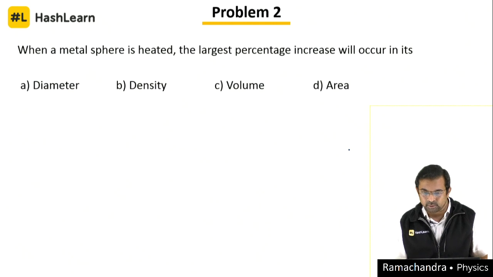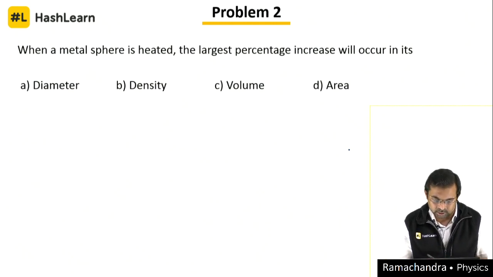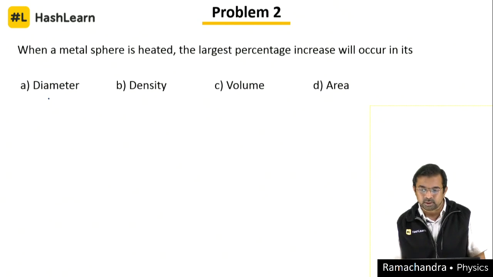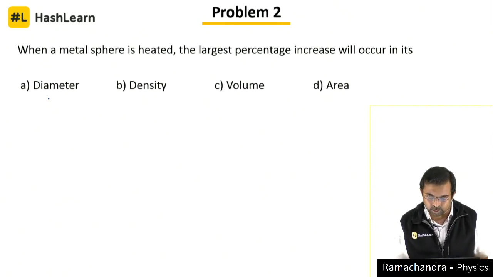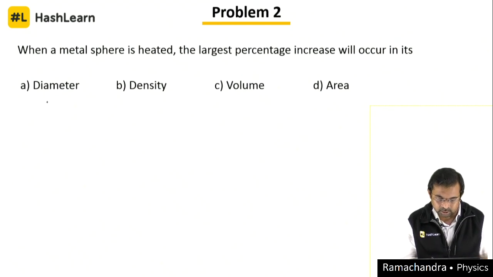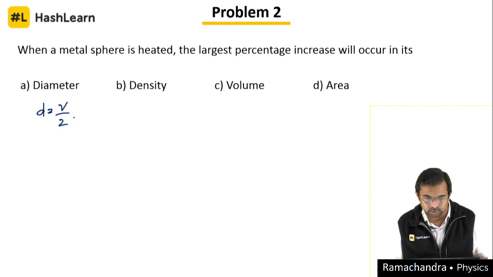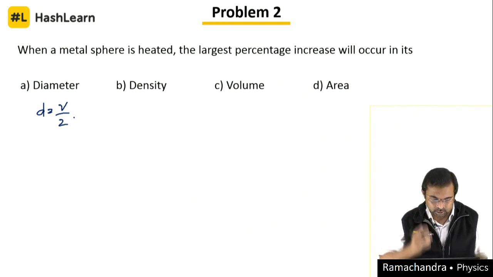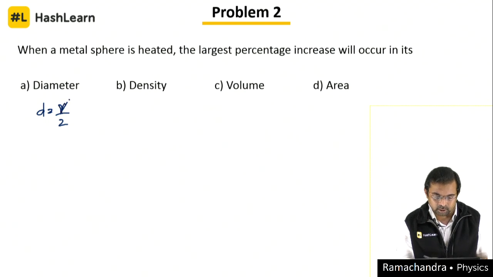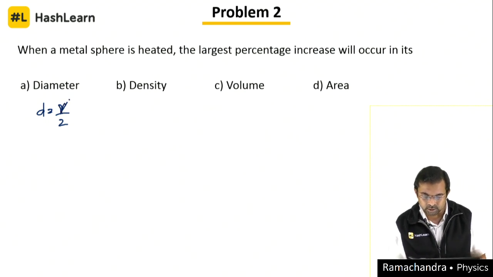Let's try to check each and every option here. We know that with the increase in temperature, when the metal sphere is heated, the temperature is going to increase. Diameter is given by d equals 2r, where r is a linear dimension, so the diameter will have one type of change.